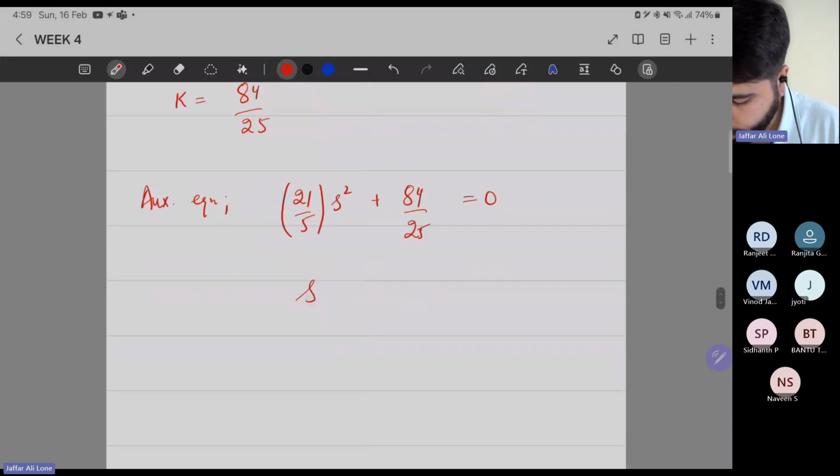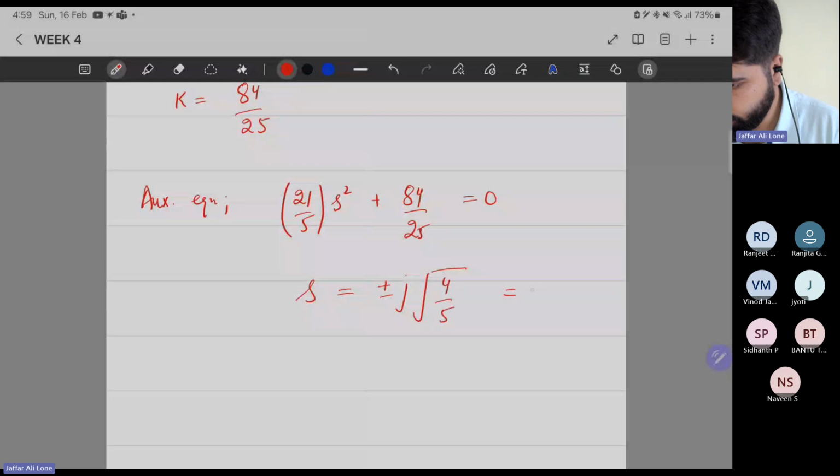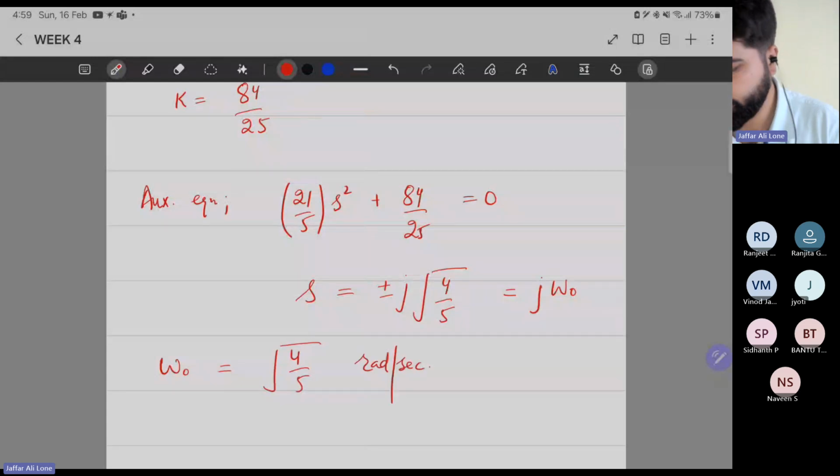If you solve for s, you get plus or minus j into 4/5, which is j omega naught. So omega naught is 4/5 radians per second. Is this clear? We did this for earlier questions as well, but they were not asking about the frequency of oscillation.